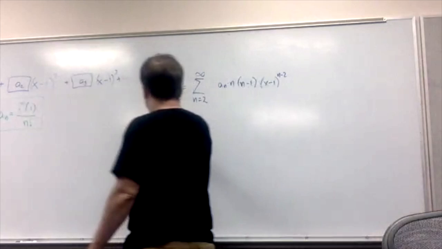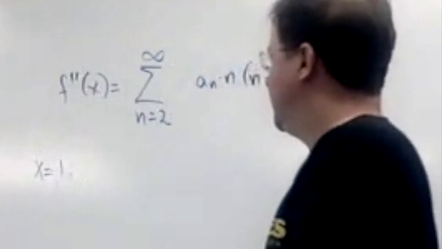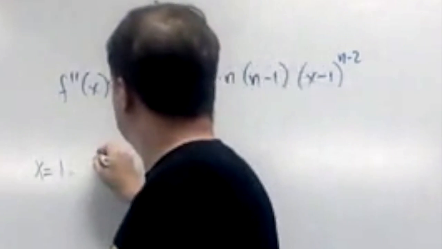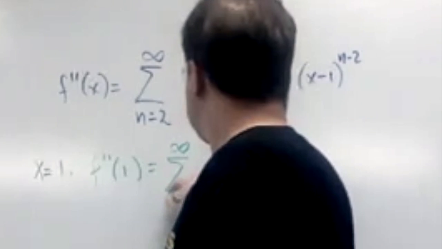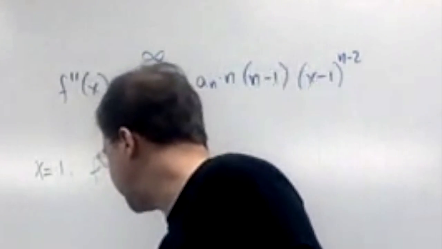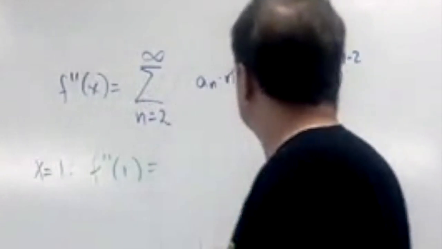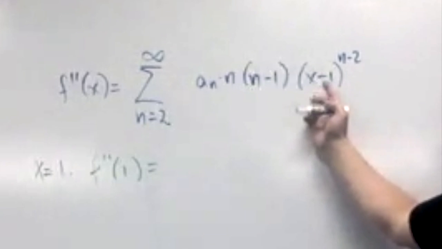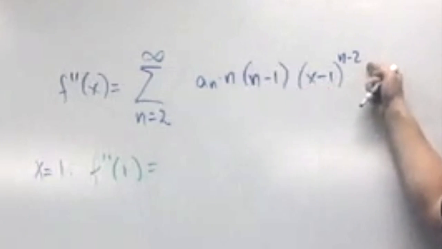So now evaluating it at 1, I can see that f double prime at 1 is, sorry, I got carried away. Almost all of these terms are going to be 0, except for the term where the exponent is 0.